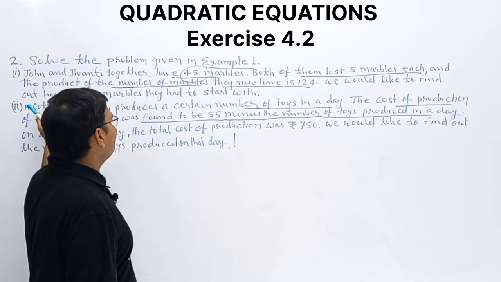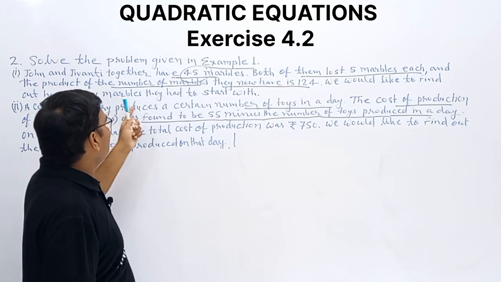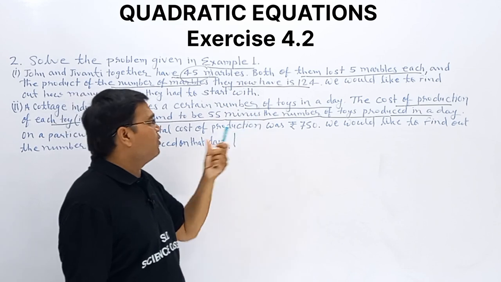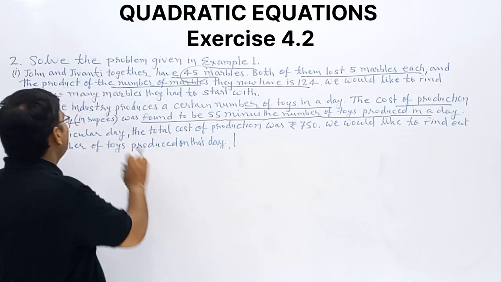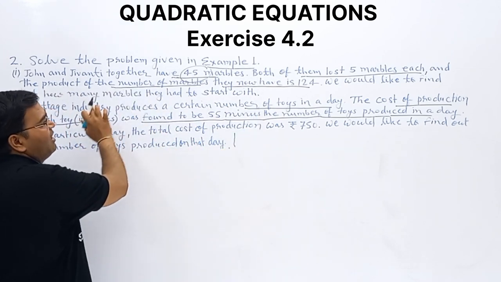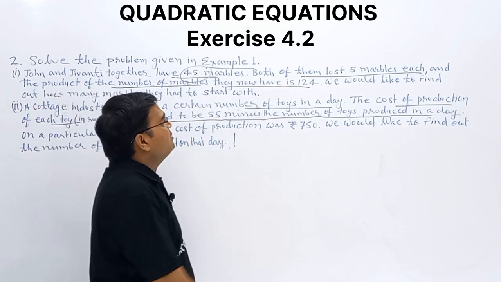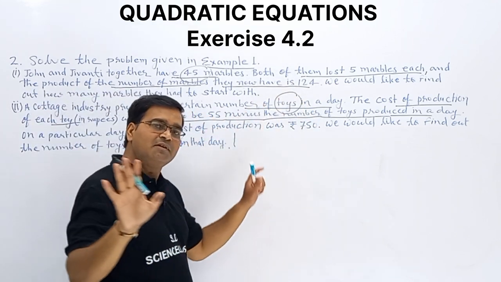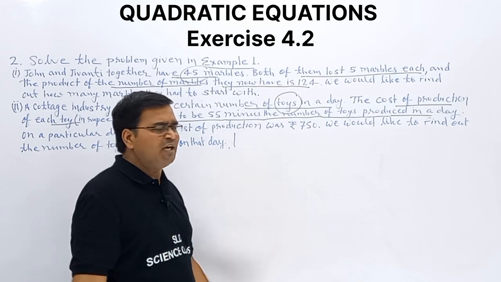First point, in the first sentence we are having: a cottage industry produces a certain number of toys. One industry is there and it is producing what? Toys. Clear? This is only information, no data is there.